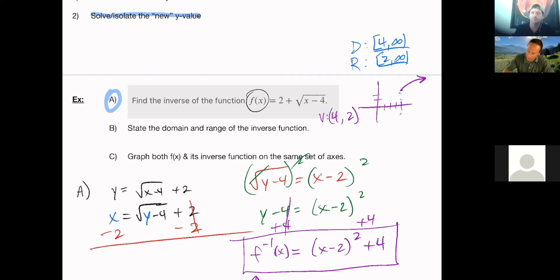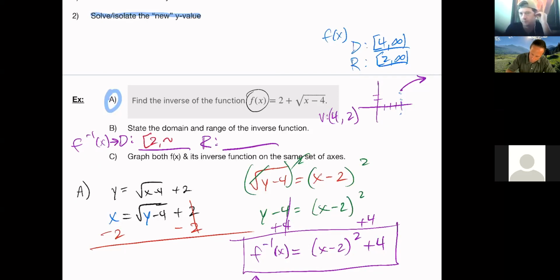And if that's the domain and range of my original function, what should we be able to give? Domain and range of my inverse. Careful, what's the domain? 2 to infinity. And what's the range? Very good.